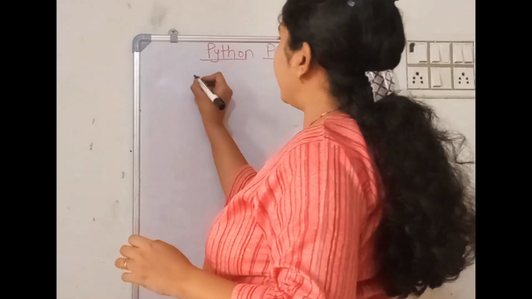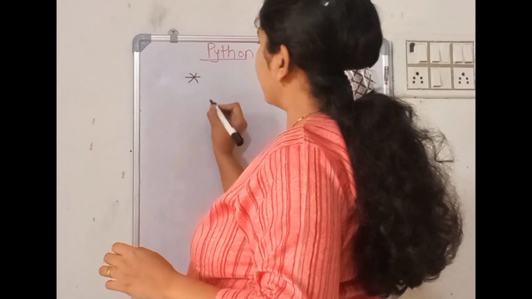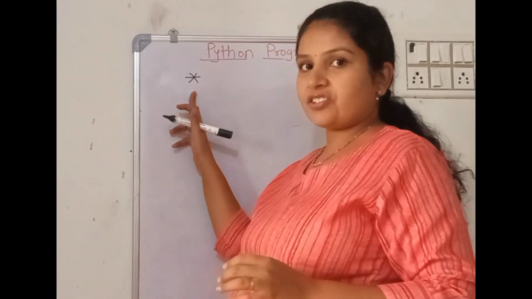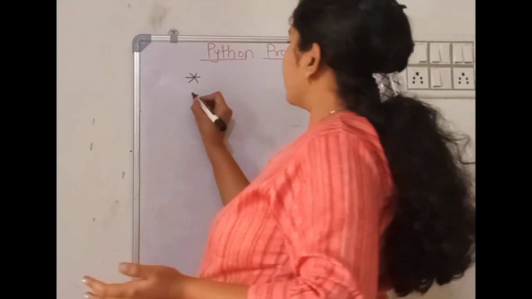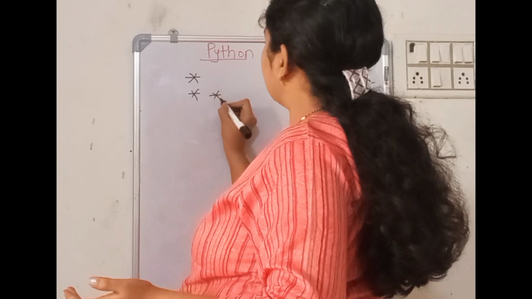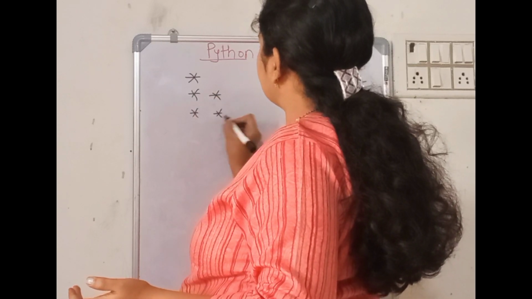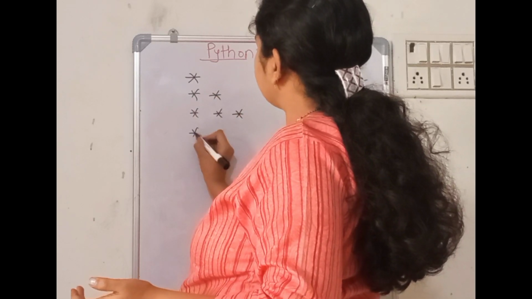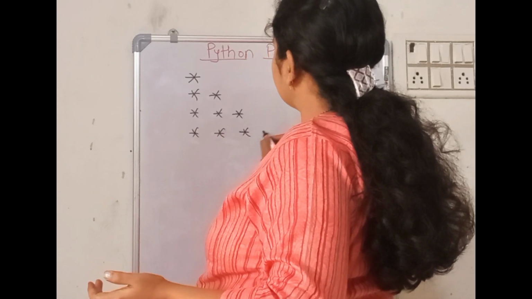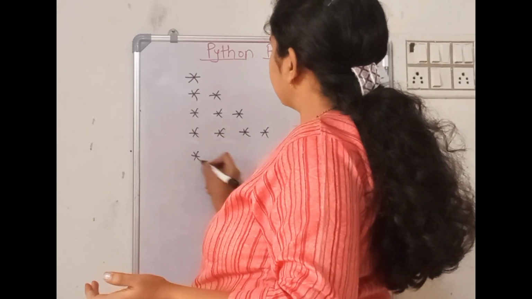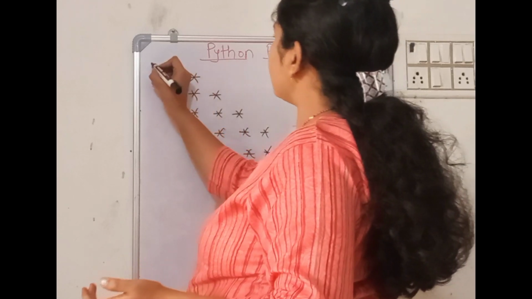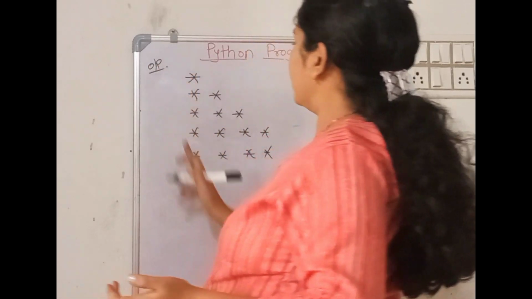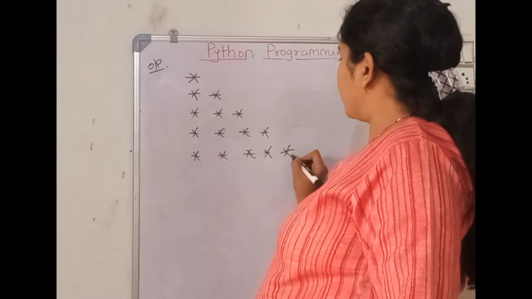So our half pyramid will look like this. We are using the asterisk symbol, but you can take any symbol you want. So this will be our output.